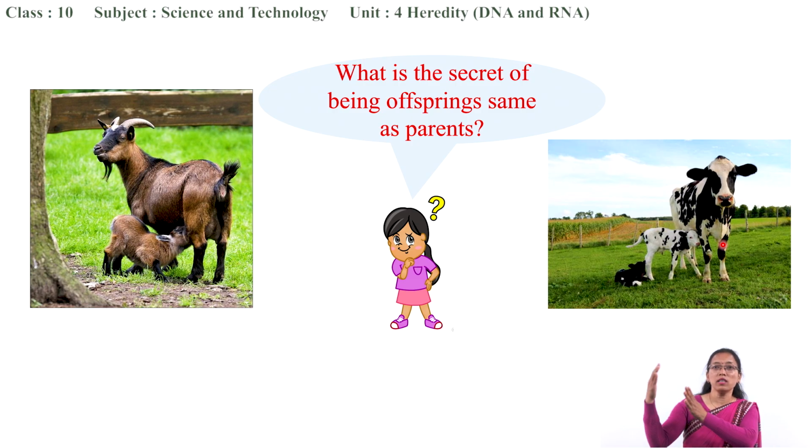All are similar to their parents, even though some characteristics are different, and most are similar to their parents. How is it possible? What is the secret behind it? How is this transferred from one generation to another? That secret we reveal today. Okay?